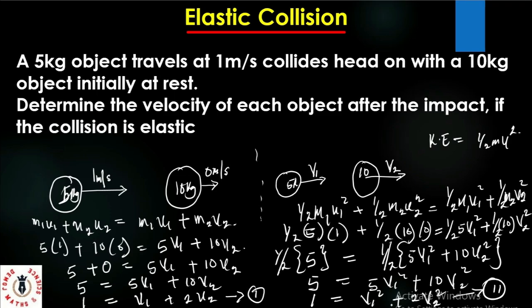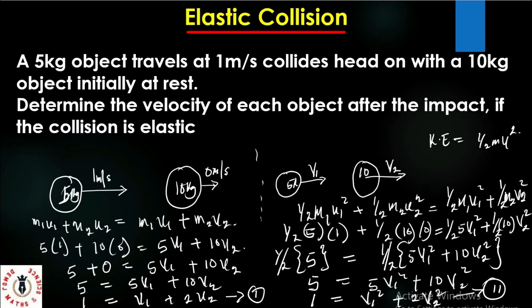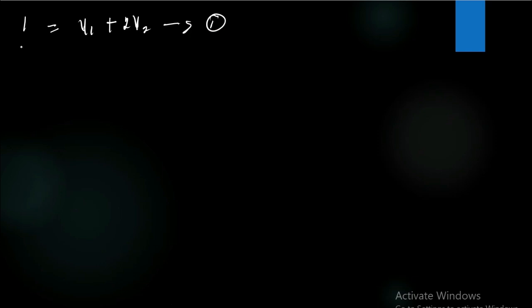We can solve both equations simultaneously. My equation 1 says 1 equals v1 plus 2 v2. And my equation 2 says 1 equals v1 squared plus 2 v2 squared.